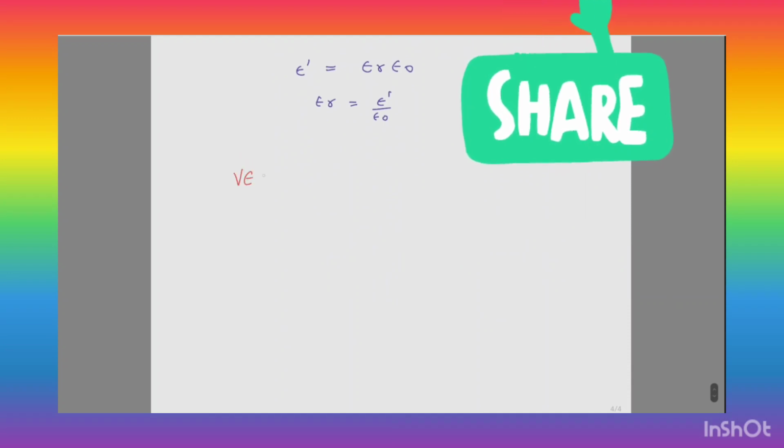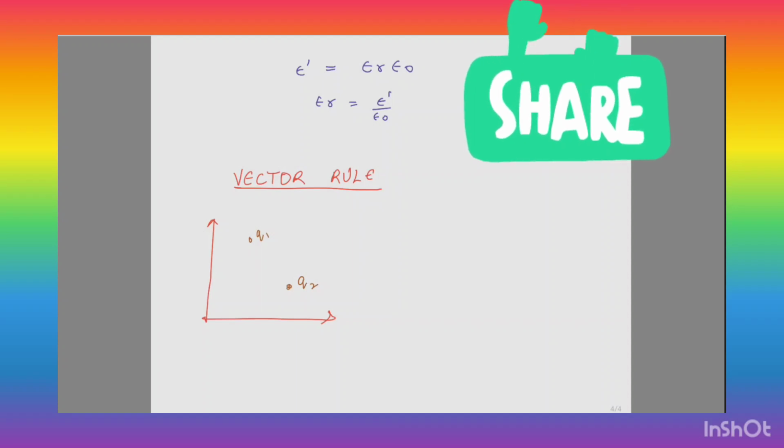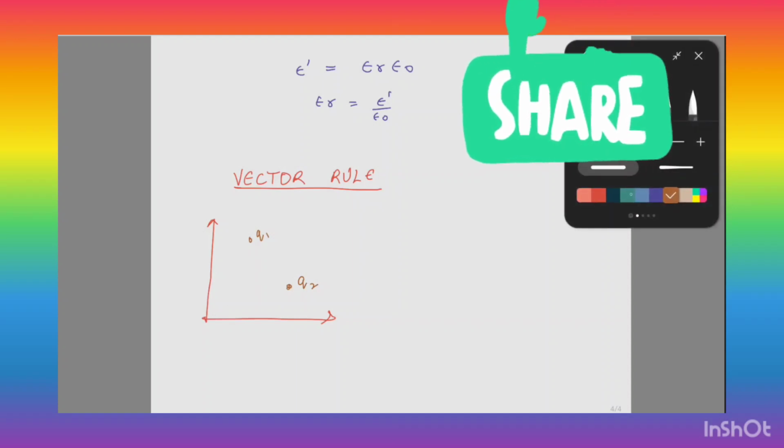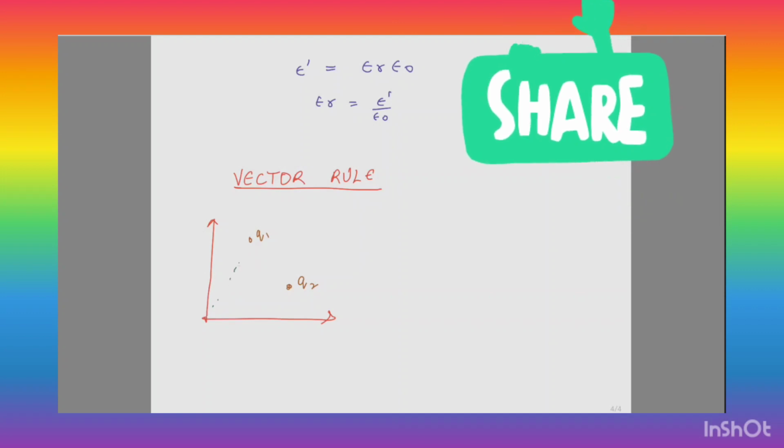Next comes the vector form. Take Q1 and Q2. Let the distances from the origin of these charged particles be R1 and R2 vectorially.